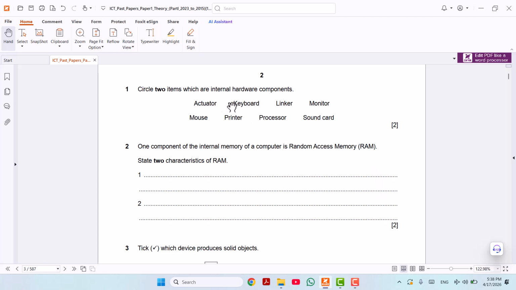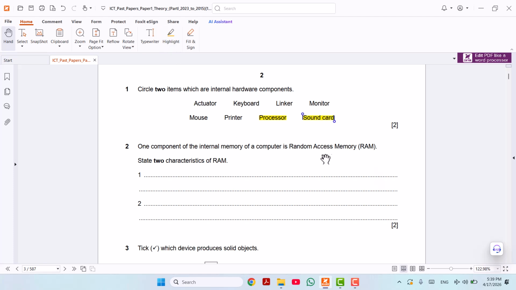I think calculator, keyboard, monitor, mouse, and printer are external because they are outside of the computer case, but processor and sound card are internal because you can find them inside the computer case.